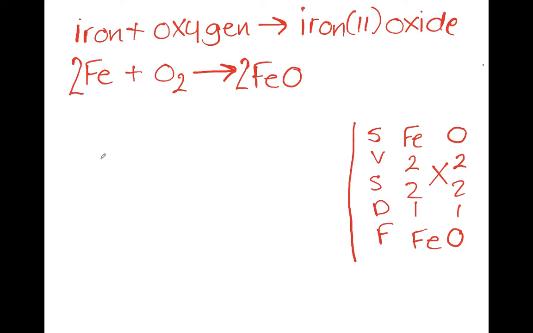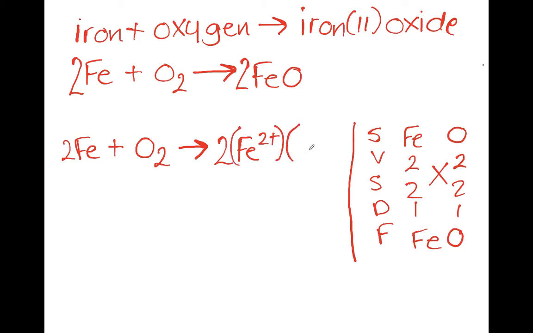Now, as with our last example, the first half of our equation stays the same, and it is the second half that changes, because this is our ionic compound. Now, we still have a 2 at the front. Iron has a 2 plus charge, and oxygen has a 2 minus charge, and there is our balanced ionic equation.